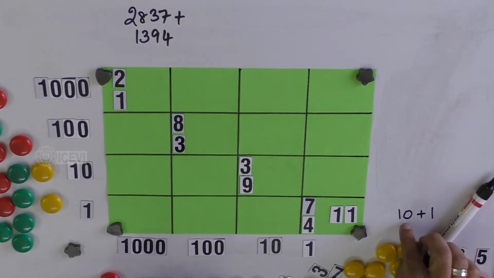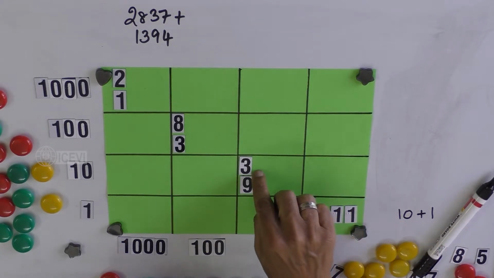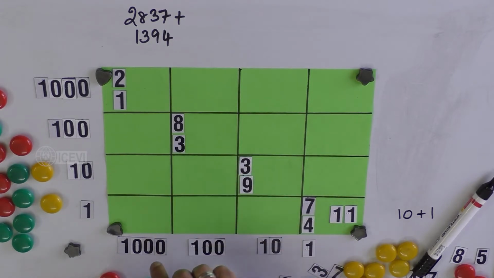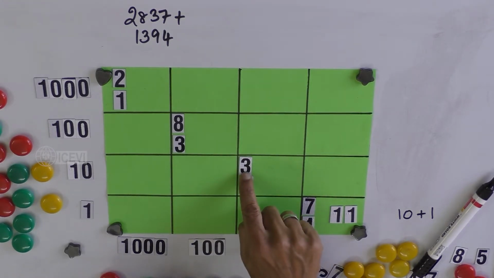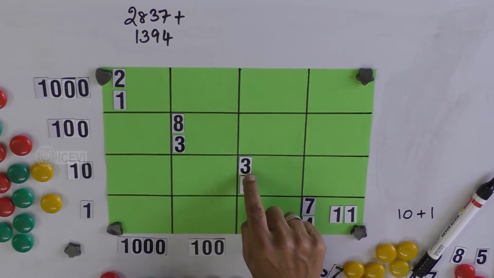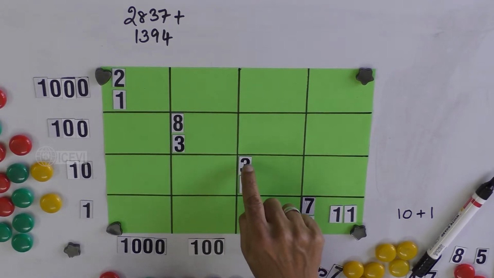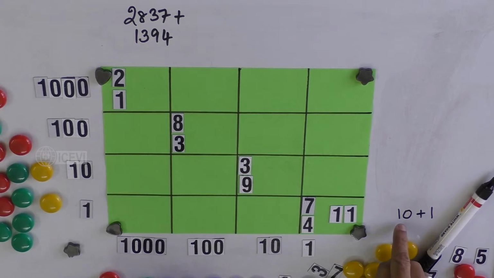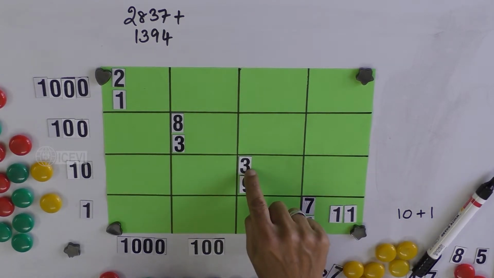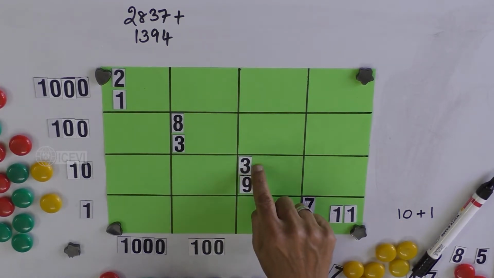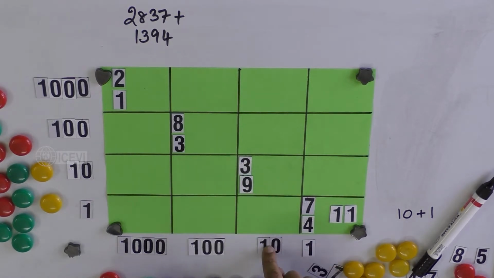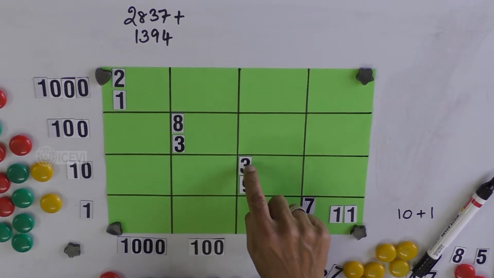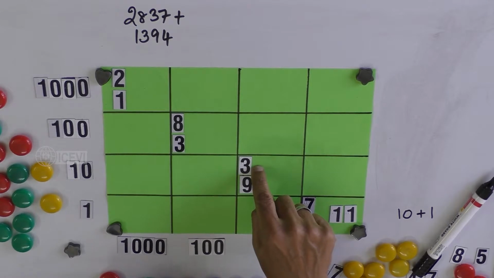So you have to add 10 to the number which is in the 10th column. So what we said, whatever manipulation, whatever amendments you can do, you have to do only with the first number. That means this 10 should be added with 3. Here 3, because it is in the 10th column, it is nothing but 30.